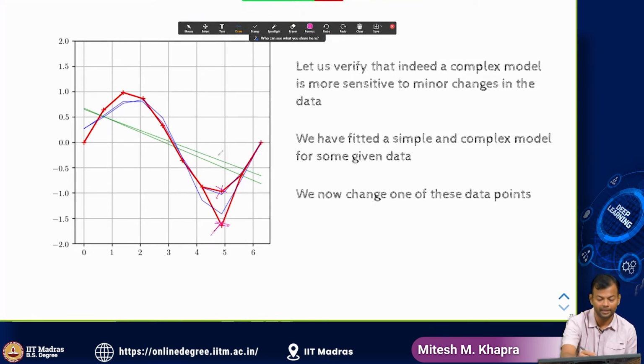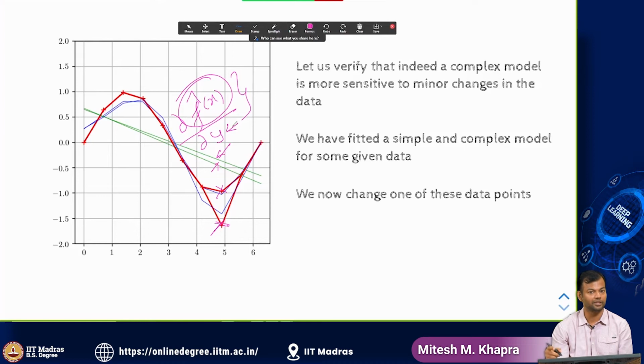And now you can see that my simple model has not changed much, right? So I changed y, but my f hat of x did not change much. That means this quantity is going to be small, right? But for the complex model, my estimation has changed quite a bit, right? So now when I changed y by a small quantity, my f hat x has also changed dramatically, right?